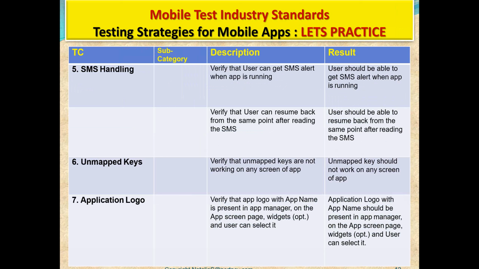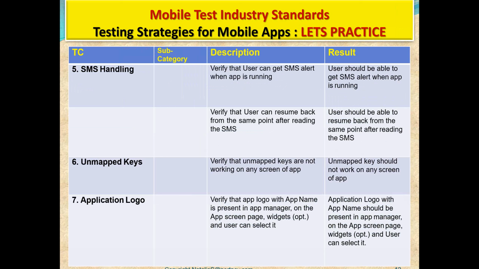Okay, I probably should explain first what is unmapped. Mapping is when the developers implement the functionality into the key. When the keys are unmapped, it means that there is no functionality implemented. They should be grayed out, so the user wouldn't tap them.